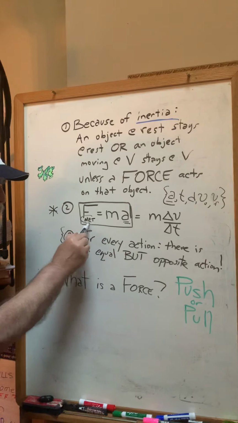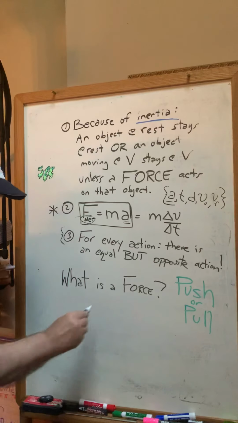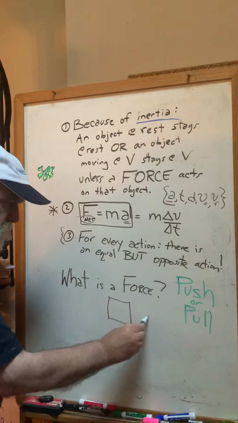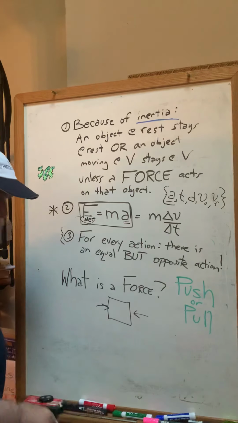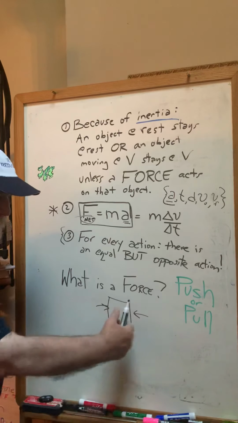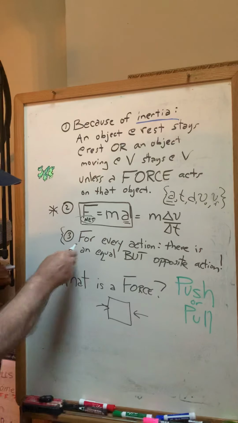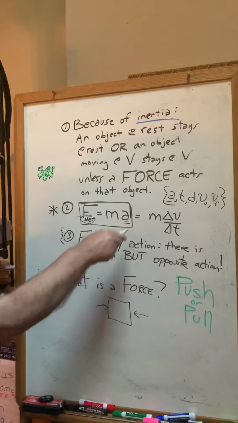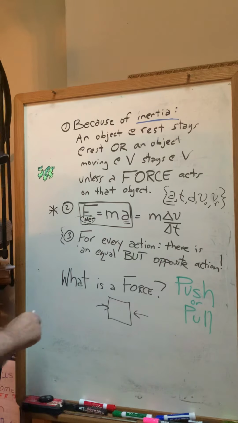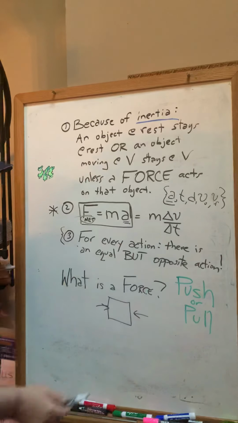And it's net because if I push and pull on an object with the same force, there's no net force. The object won't move because this push and this push are equal, but opposite. So there's no movement. The velocity, which is 0, stays the same.